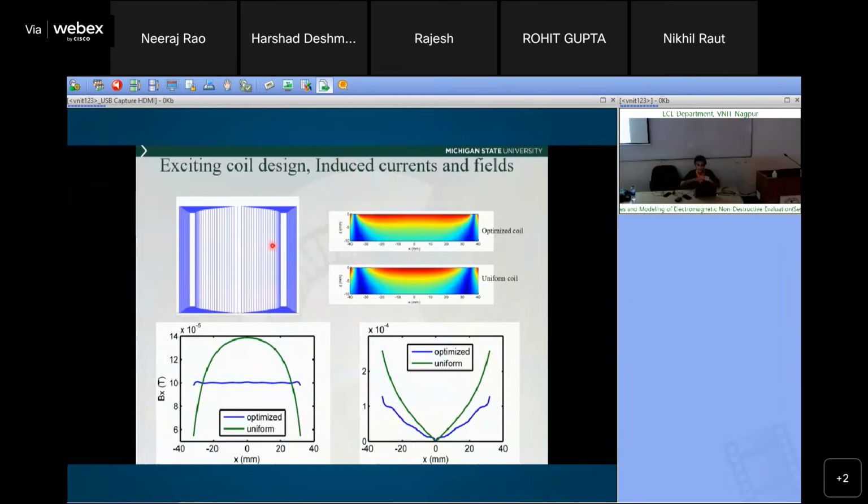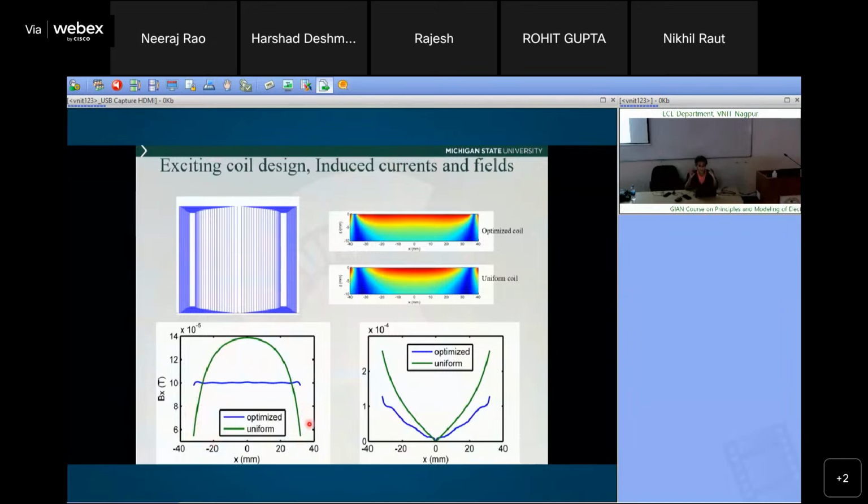The next thing was designing that. We just talked about a linear array line, multi-line coil, which were all uniform, right? One of the things we wanted to do: if you look at the B field, the induced field in the sample with the uniform coils, it looks something like this.